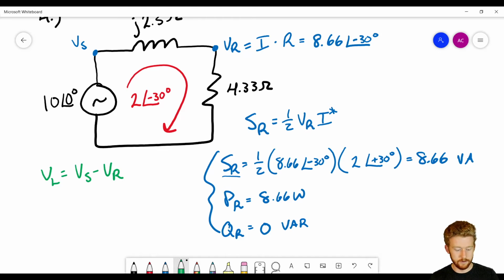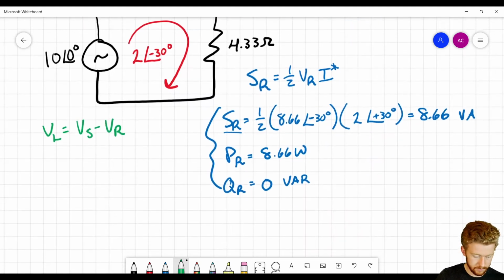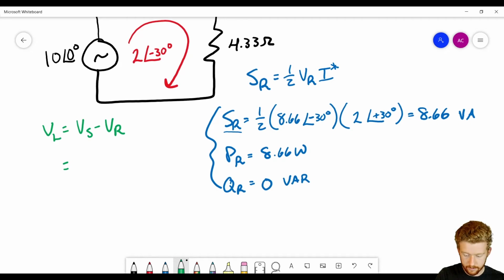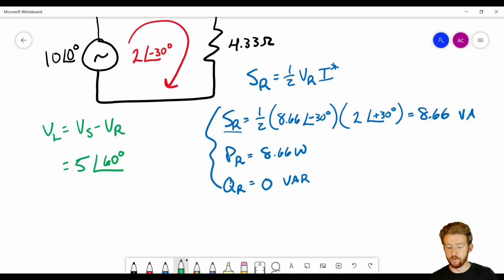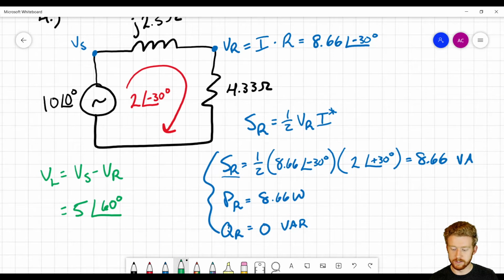So if I plug this in, 10 with an angle of 0 degrees, minus 8.66 with an angle minus 30 degrees, then what do we get? Well, we're going to get 5 with an angle of 60 degrees. And I had to round a little bit because my angle was 59.9971, but 5 with an angle of 60 degrees is a pretty nice round number for us to use. So that's the voltage across that inductor.